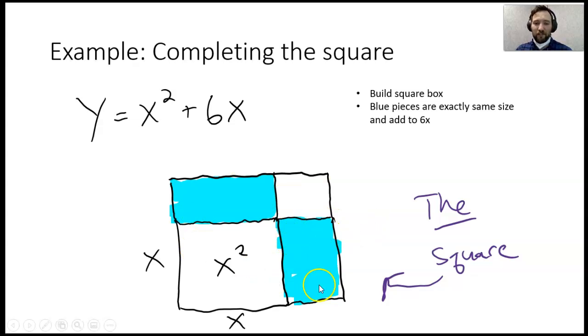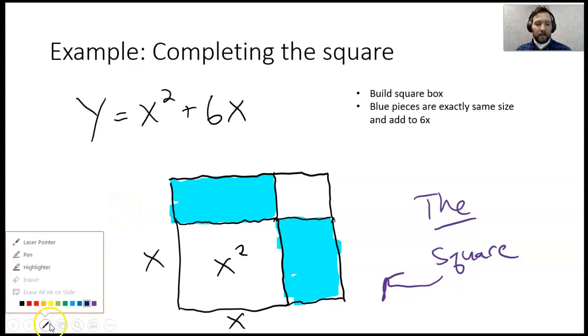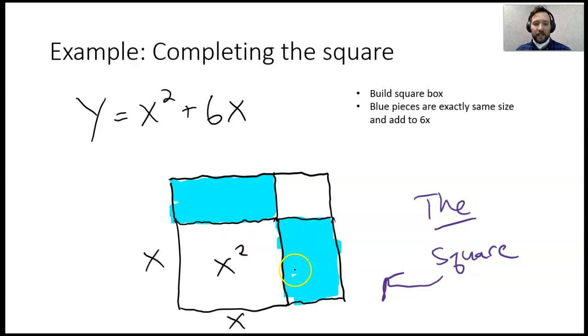And here's my picture of the square. What I'm going to do is play with these little variables and pretend they're little tiles. This should remind you a little bit of the pictures we drew when we were factoring quadratics using the area model of multiplication. What I'm going to do here is try to get this x squared plus 6x to show up as the area of this big square.